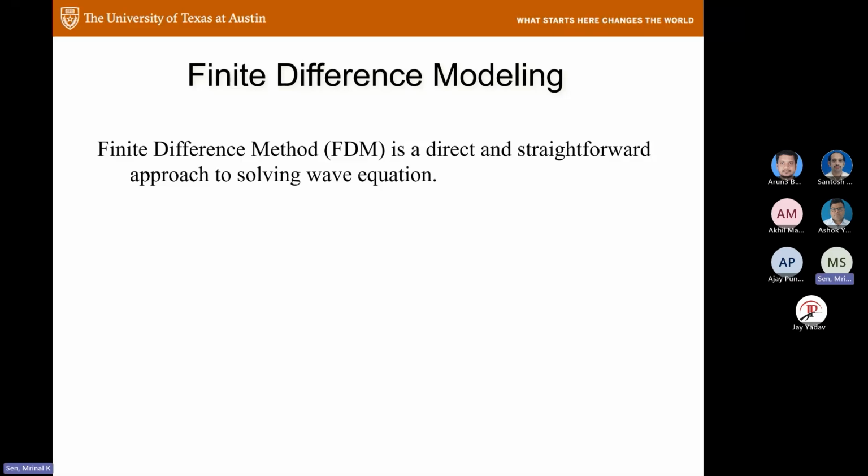And my advisor, who was more of a mathematician and then a seismologist, used to hate numerical methods like finite difference because he said that there is no math in finite difference. Finite difference methods basically don't require you to understand the physics of the problem, which is entirely true. But then it gives you a more complete solution.